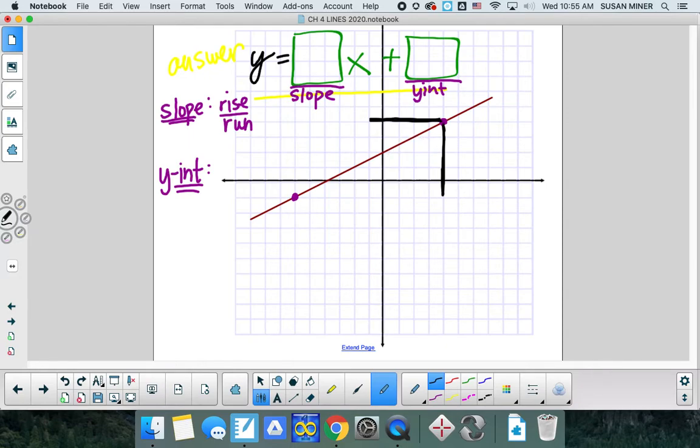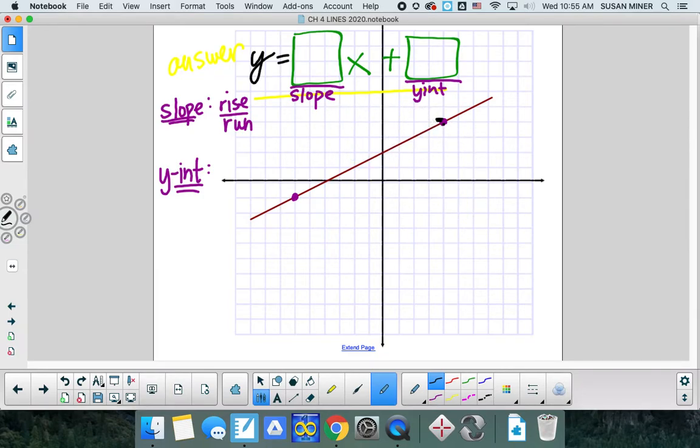I want to pick a point that's right on one of these vertical grid lines and right on one of these horizontal grid lines, because then my x number is a whole number. In fact, my x number right here is 4 and my y number here is 4. So I'm looking for those whole numbers. That's what makes a good point.